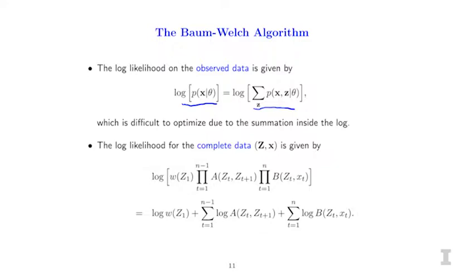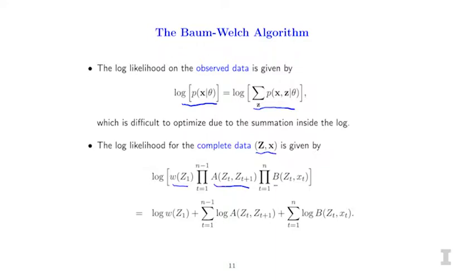So I'm going to work with the log likelihood for the complete data z and x. Here we will purposely write z in uppercase just to remind us that z is latent and we do not observe it. The joint likelihood of z and x can be written pretty easily. We first use pi to generate the first z1, and then sequentially use the transition probability to generate the future z's.